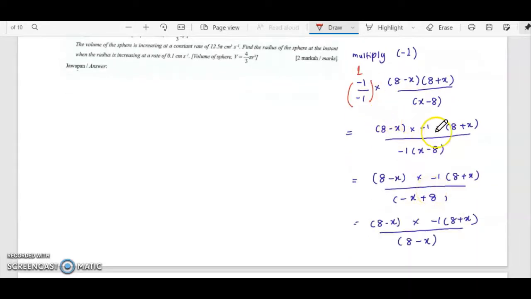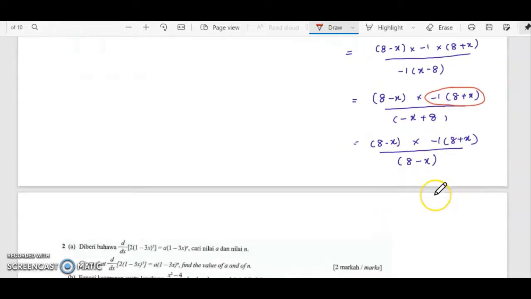Okay, so bila kita darab dengan negative 1 ni kita hanya boleh multiply either for 8 minus x or for 8 plus x. Okay, but for this part negative 1 pada bahagian denominator kita boleh terus multiply dengan x minus 8. So kita akan dapat negative x plus 8, and this part negative 1 ni kita multiply dengan expression 8 plus x.